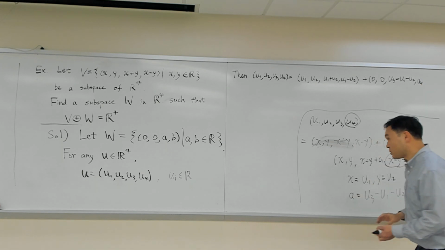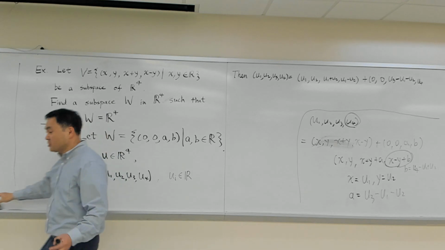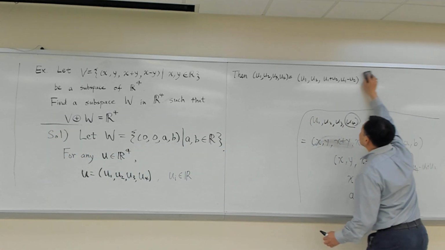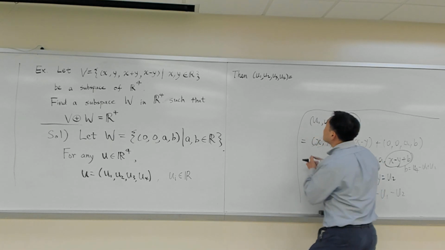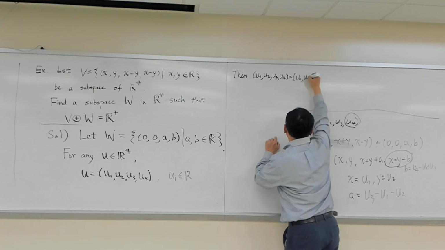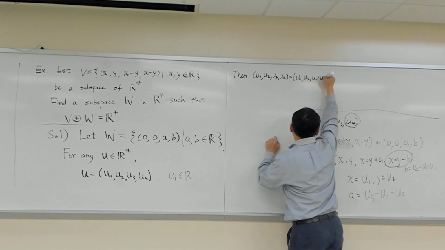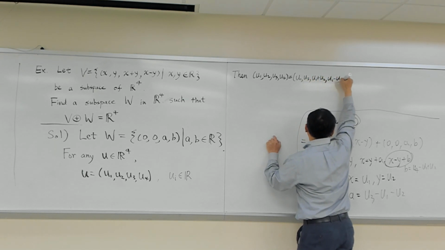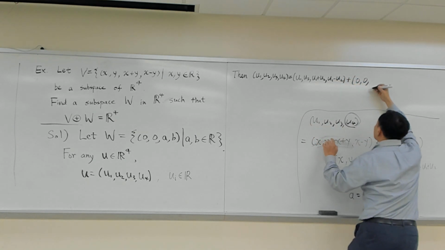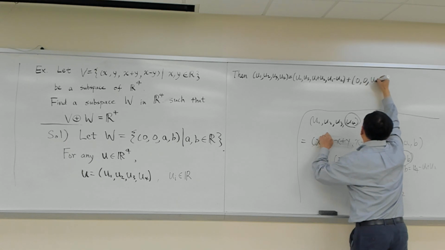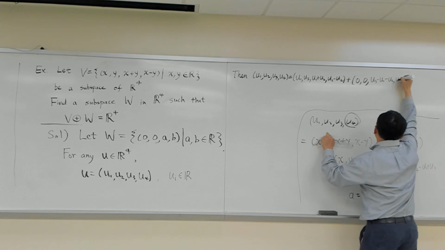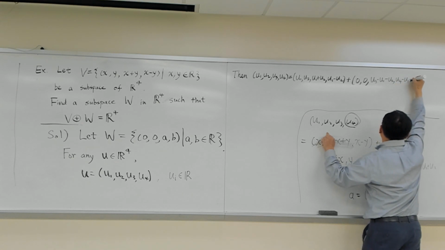I'm running out of space, so let me write small. Let me write this again. u1, u2, u1 plus u2, u1 minus u2, plus 0, 0, u3 minus u1 minus u2, u4 minus u1 plus u2.